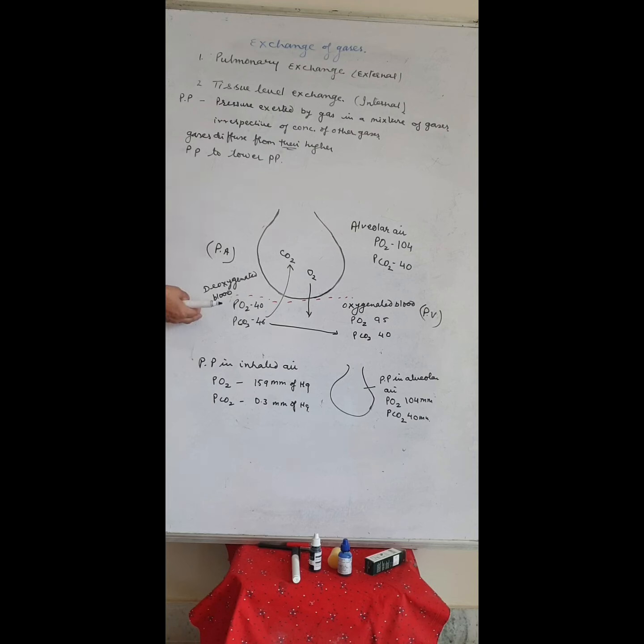Here I am showing the deoxygenated blood in the pulmonary artery, coming from different parts of the body to the right auricle, right ventricle, then into the lungs through the pulmonary artery. The exchange of gases takes place in the lungs, in the alveoli, and the oxygen diffuses inside. So what causes the diffusion?